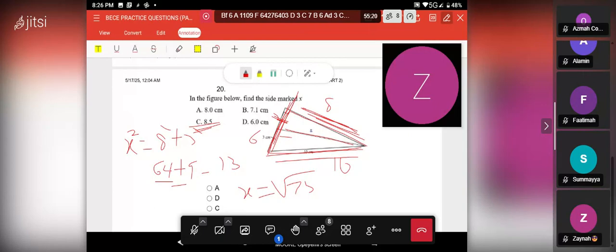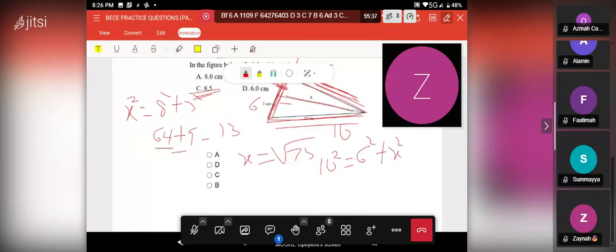Hypotenuse square, which is 10 square, that is 100, is equal to 6 square, 36, plus the other side that we don't know, x square. Because we want to find the value of x, we make x the subject of the formula.